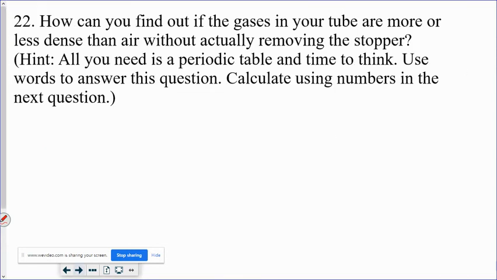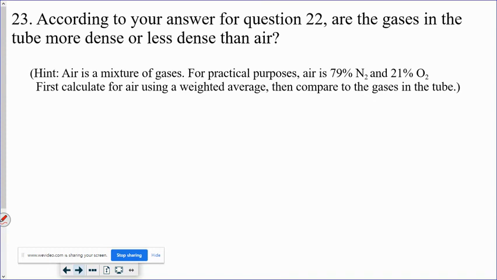How can you find out if the gases in your test tube are more or less dense than air without actually removing the stopper? To do this, I'm just going to show you the answers to it. So we would look and we would realize that air is a mixture of gases. Air is 79% nitrogen, 21% oxygen. So you can calculate a weighted average of those.